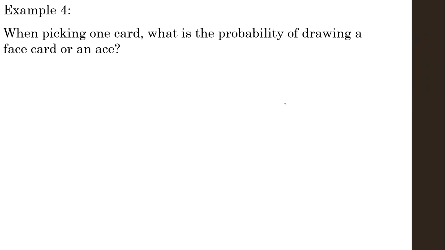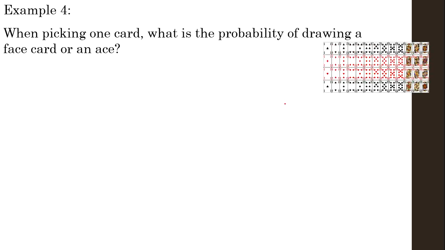Okay, number 4. When picking one card, what is the probability of drawing a face card or an ace? See that this is an or probability, so that means that we're going to have to add. We have total possibilities of 52 for both of these because we're back in a deck of cards. So what's the probability of drawing a face card? Well, we already knew that that was 3 face cards times 4 suits is 12 out of 52.